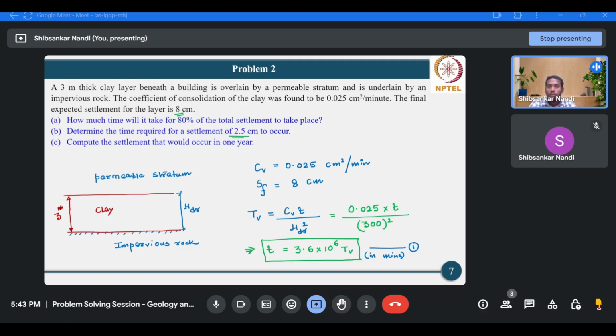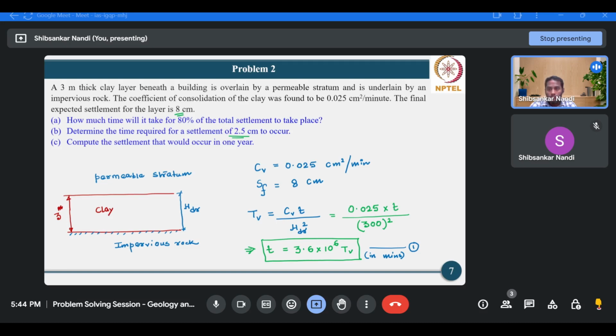Now, in the final question of this problem, we have to compute the settlement that would occur in 1 year. So it's a reverse problem. In the earlier two questions, a certain percentage of consolidation was given, and we had to find how much time the clay layer will take to achieve that percentage of consolidation.